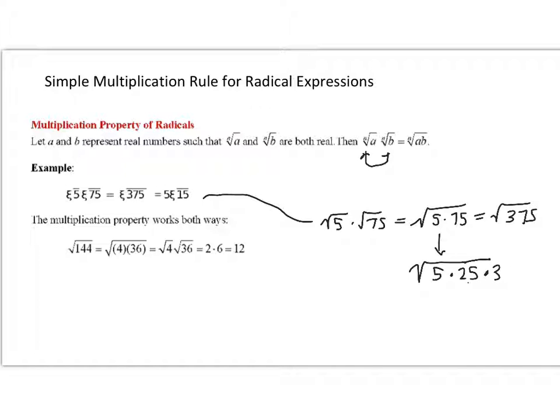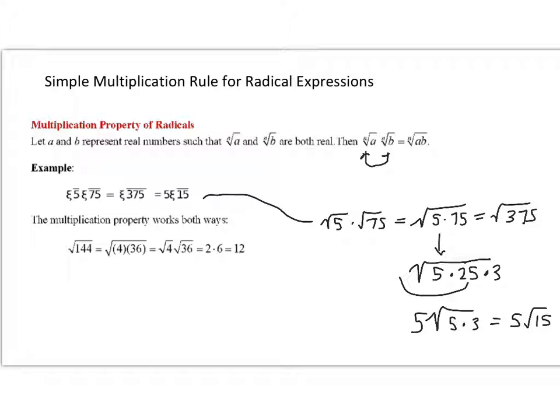I can pull a 5 out, and what's left over is 5 times 3, with a 5 out in front. This is just 5 square root of 15. So that's the answer.